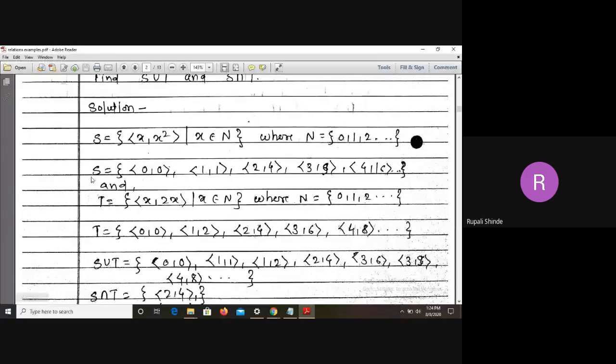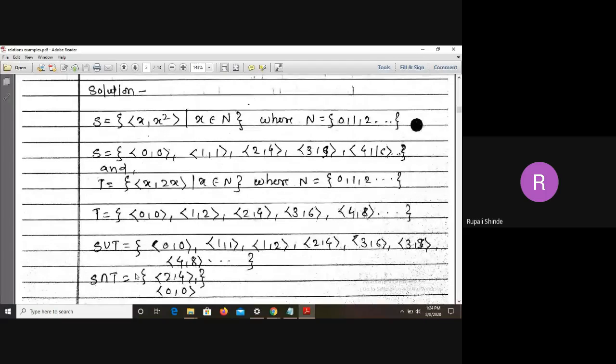So first S union T, here we have to combine all the ordered pairs from both the relations like 0, comma 0, 1, comma 1, 1, comma 2, 2, comma 4, 3, comma 6, 3, comma 9, like this. And S intersection T, here we have to find the common ordered pairs from both the relations. And the common ordered pairs are 0, 0 and 2, 4.